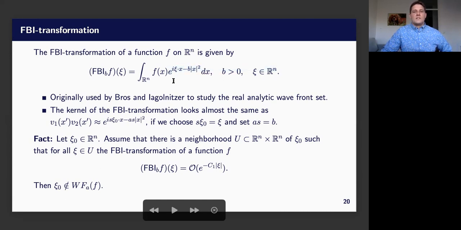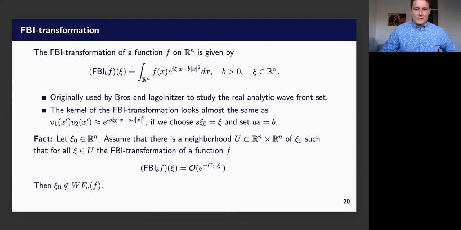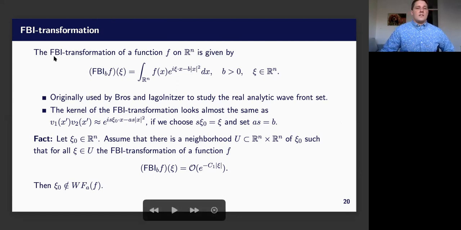The i psi dot x is sort of like a Fourier coefficient, and then you have a Gaussian concentration to a point. This FBI transformation was originally used by Bros and Iagolnitzer to study exactly the real analytic wavefront set of functions.